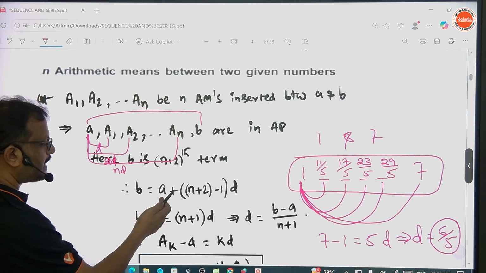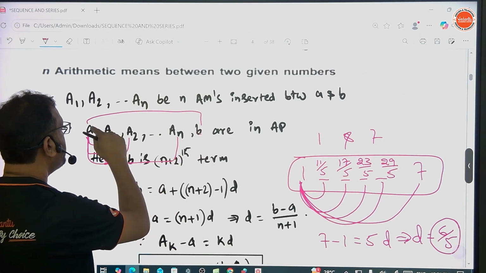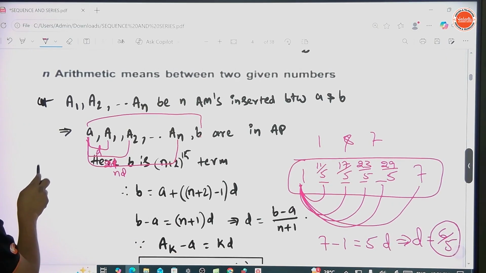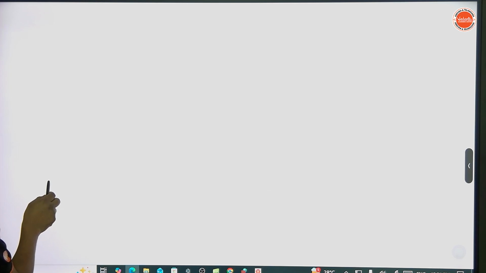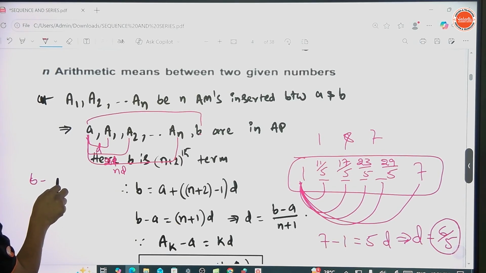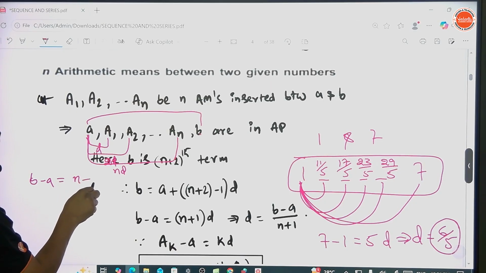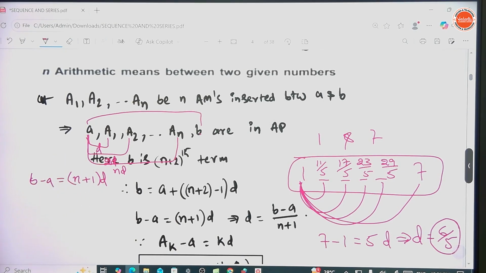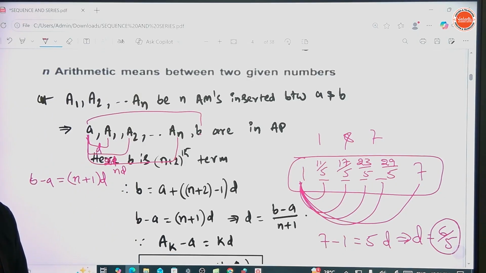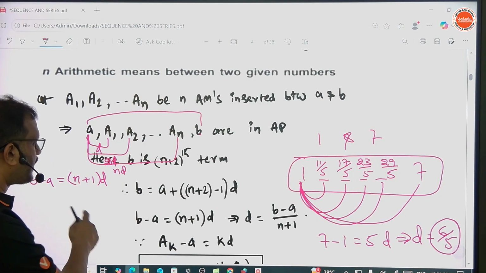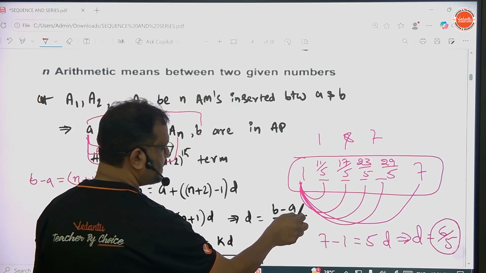So n plus 1. The difference of these two, B minus A, is n plus 1 into D. So therefore, obviously, what is D value now? B minus A by n plus 1. So D value we got now. D equal to (B minus A) by (n plus 1).